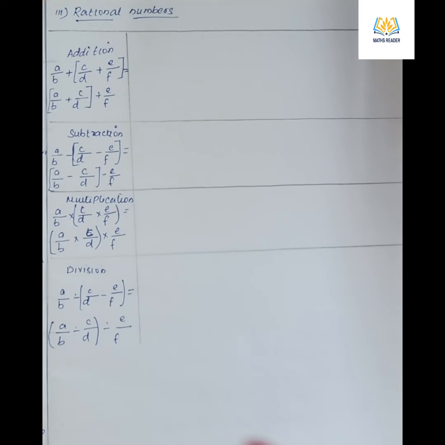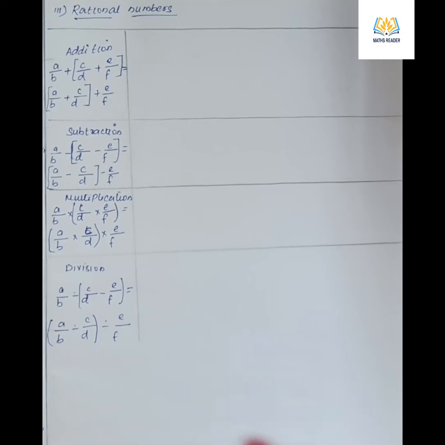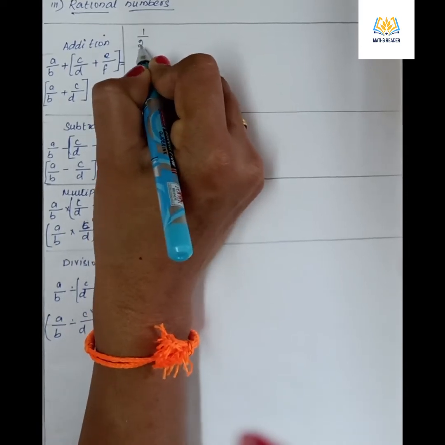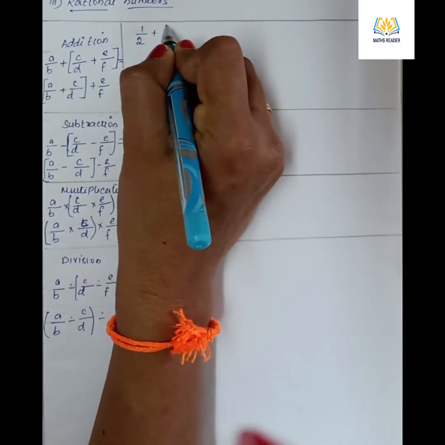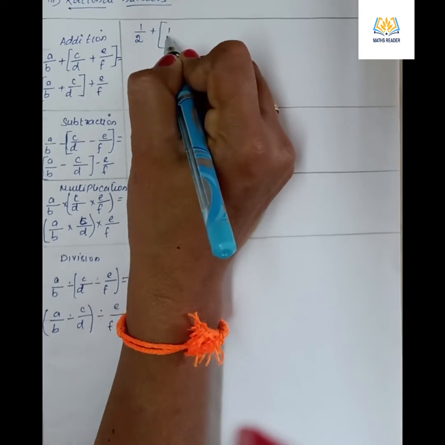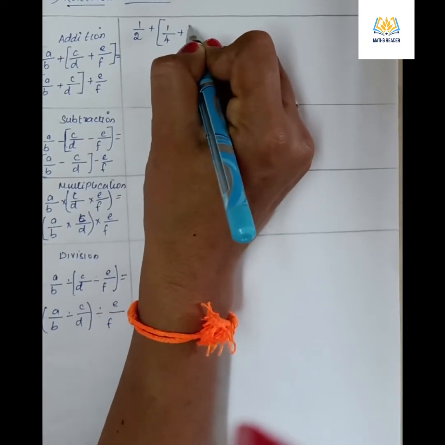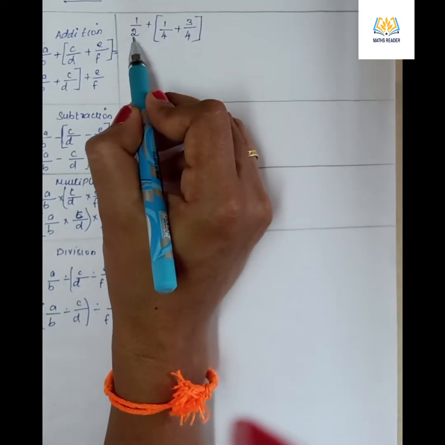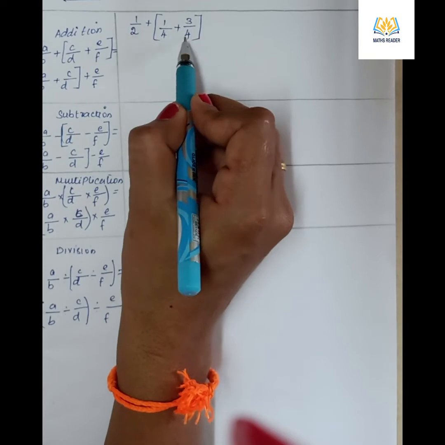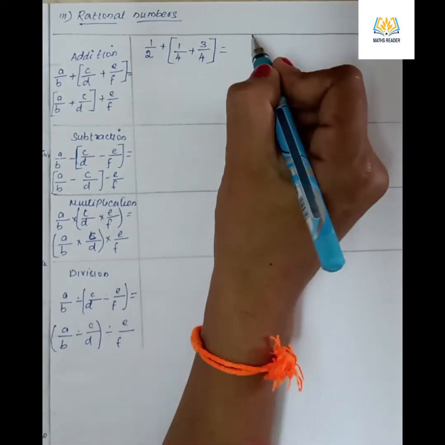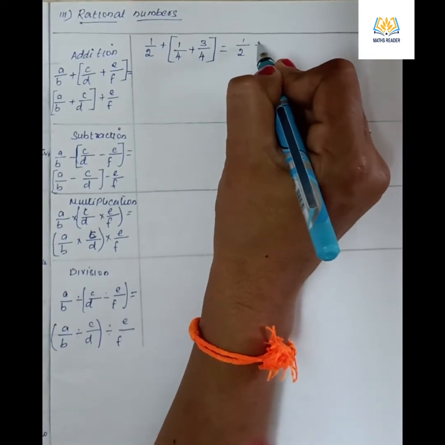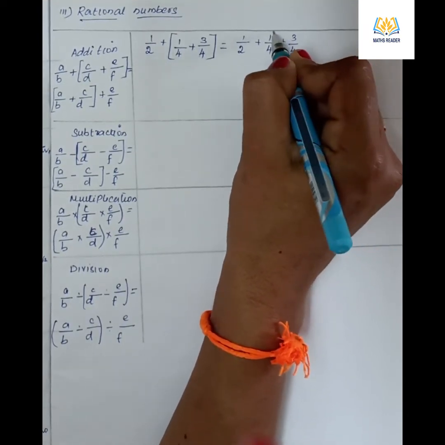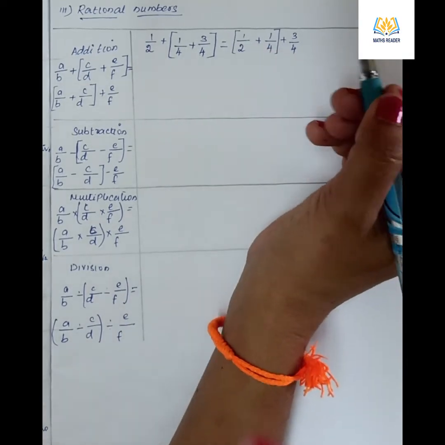Next we will check the associative property for rational numbers. First we will check for addition. Let us take 1 by 2 plus 1 by 4 plus 3 by 4, that is A by B plus C by D plus E by F. This is equal to, just changing the parenthesis order, 1 by 4 plus 3 by 4 first. We changed the order.